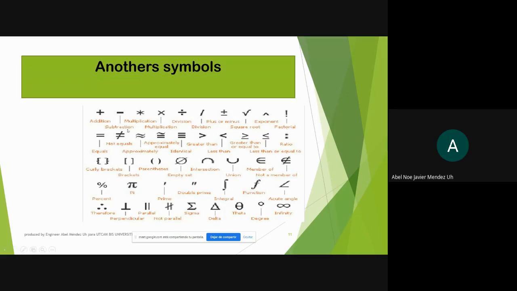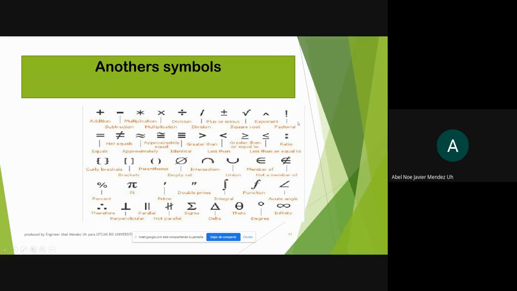For we going to know the symbols that we are going to learn in the class.